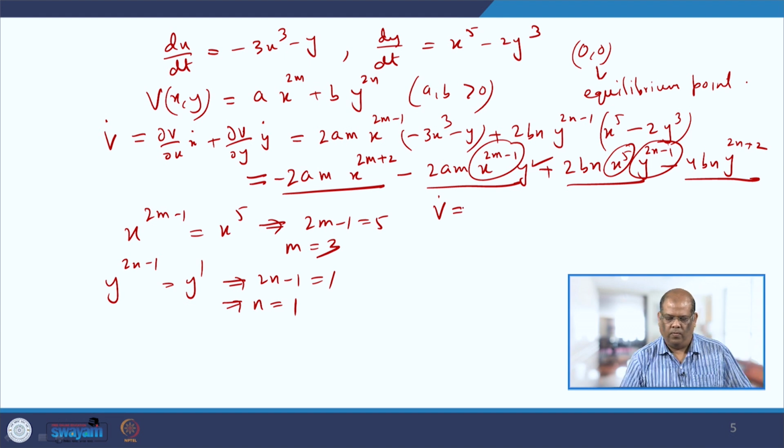equal to minus 2a. So, m is 3, sorry, here it will be 6 actually, 3 into 2.